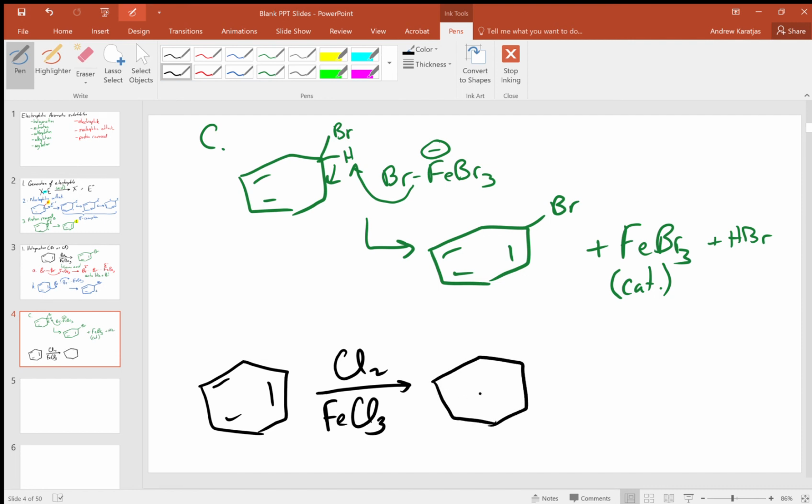And the result is that instead of replacing a hydrogen with bromine, we replace it with a chlorine. And if we want the mechanism, all you need to do is go back to the previous 2 pages, where we have bromine. Everywhere that we put bromine, put in a chlorine. And the mechanism is exactly the same.